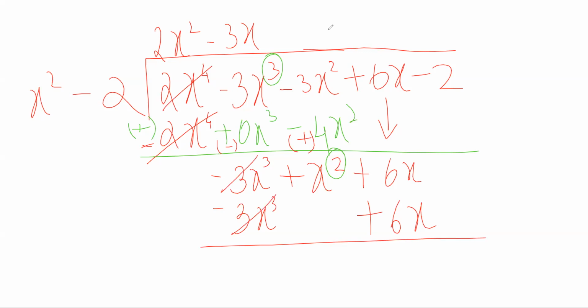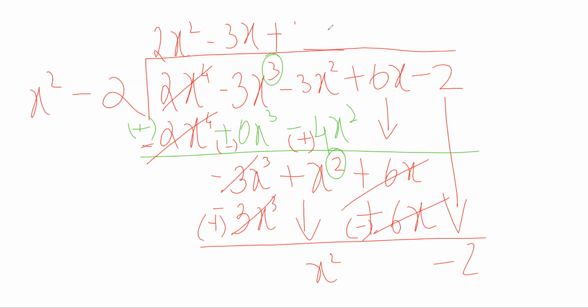So now this also gets cancelled and this also gets cancelled because minus changes to plus. Minus 3x square plus 3x square is 0. 6x and minus 6x is 0. Now this comes down, x square. And minus 2 is present over here. This also comes down. And when you multiply to cancel x square, you multiply it with 1.